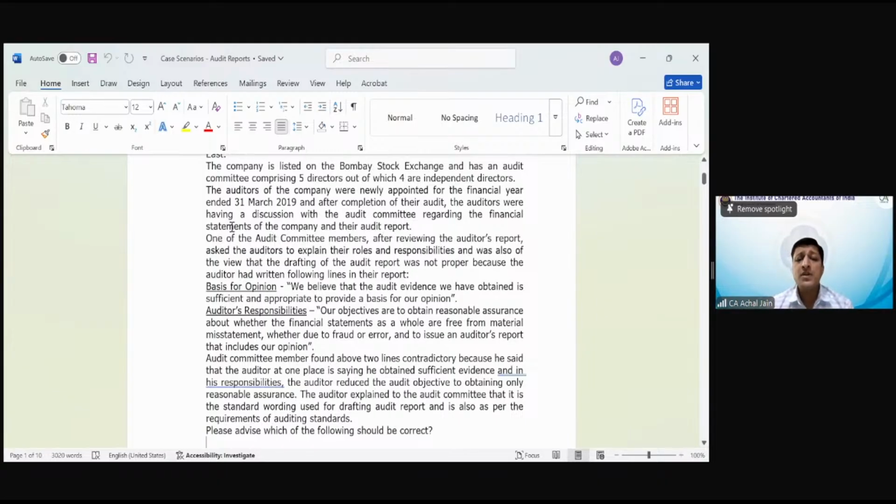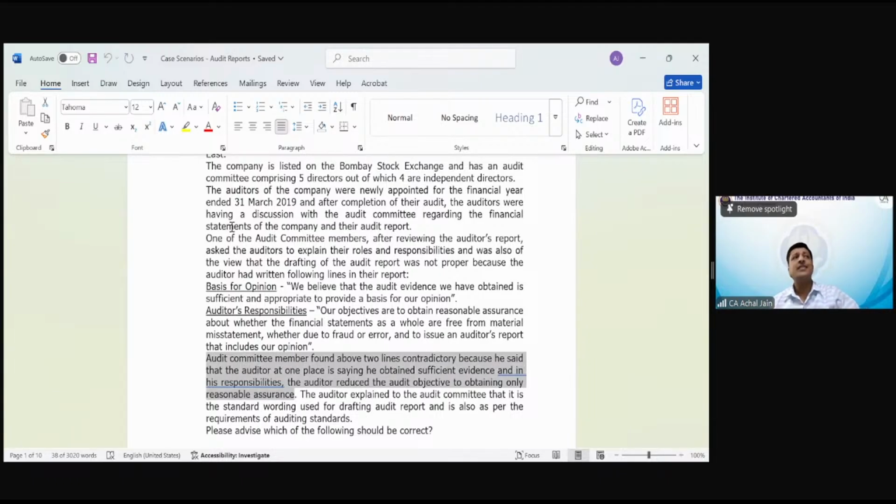The audit committee member found the two lines contradictory, because at one place the auditor is saying that he has obtained sufficient appropriate audit evidence. And in his responsibilities, the auditor reduced the audit objective to obtaining only reasonable assurance. So could you understand the concern?